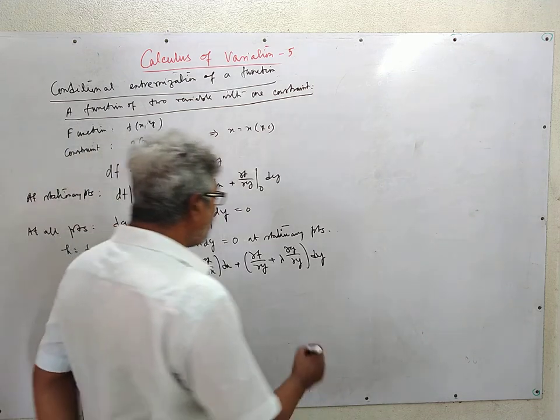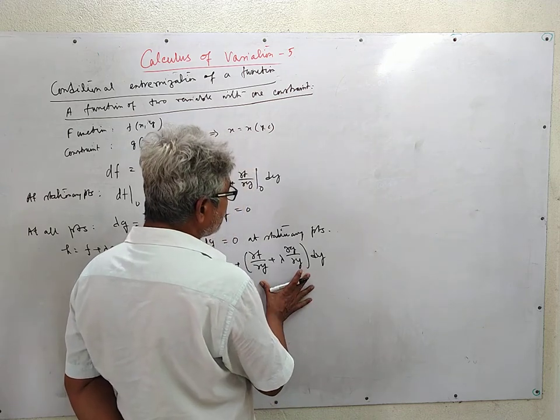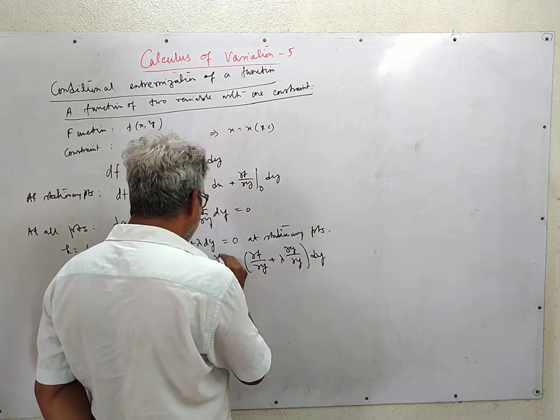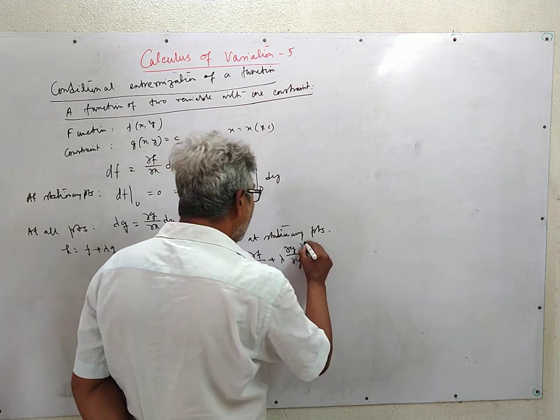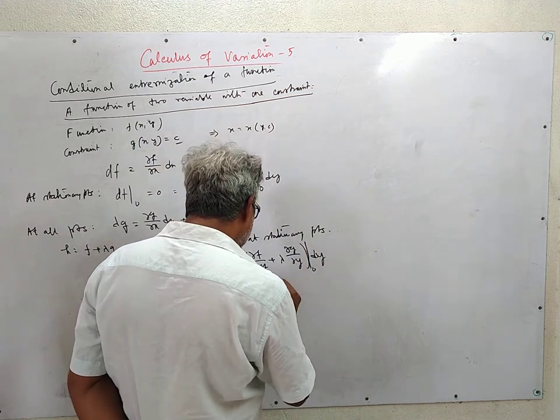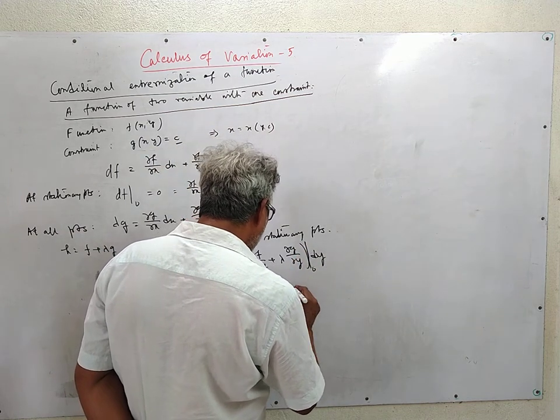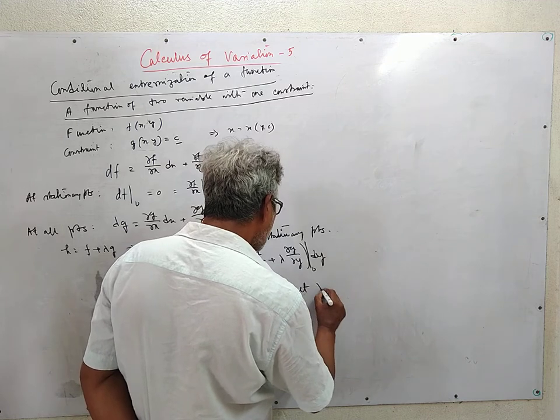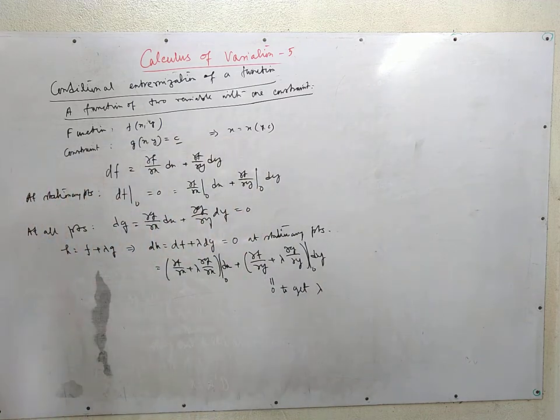We choose these equations to determine lambda. So to be specific, this is at 0, this is at 0. We set it to 0 to get lambda. So the first equation we set to 0 to get lambda. Then we yet to know x0 and y0.